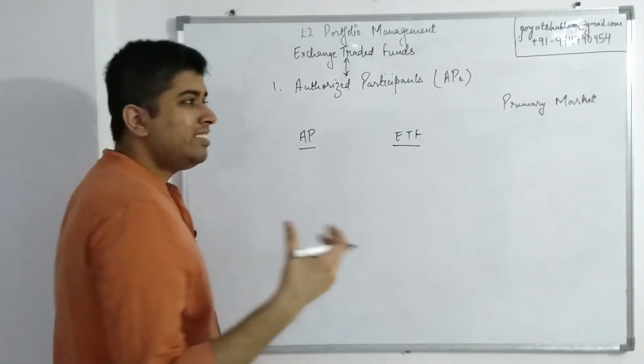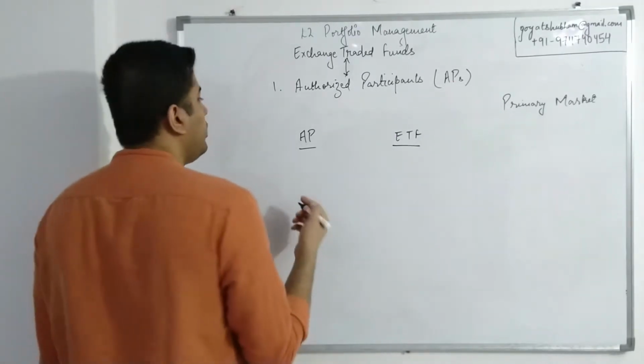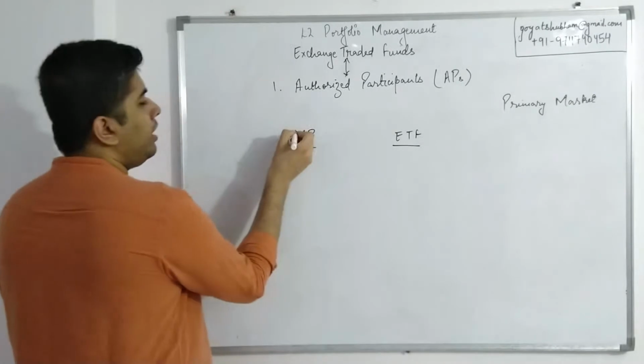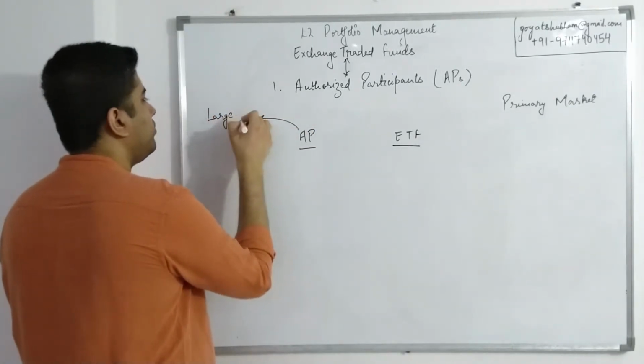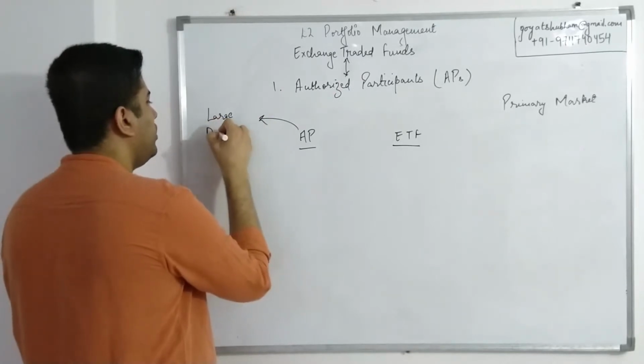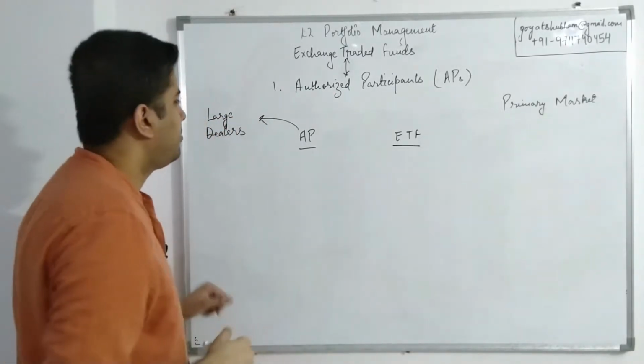In order to create shares of ETF, the ETF should have some securities. So what would happen is, APs in the market are normally your large brokers or dealers, your bigger market participants.